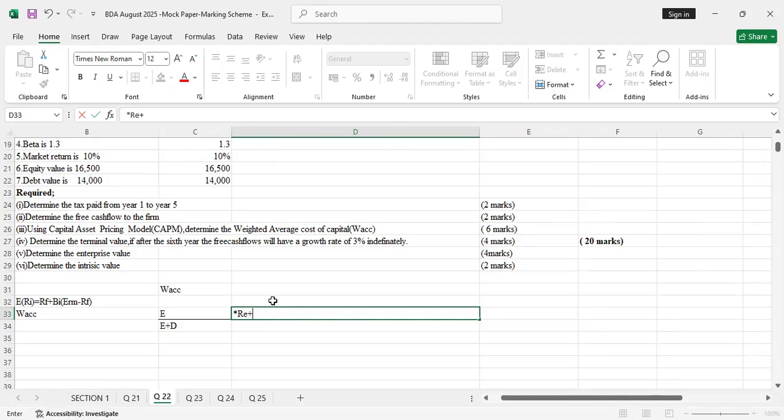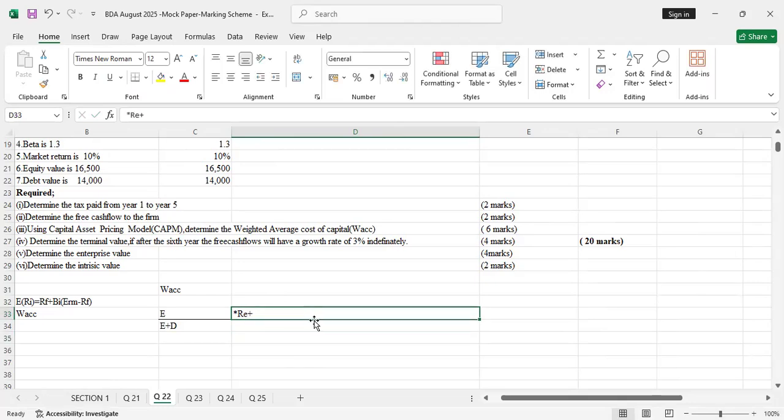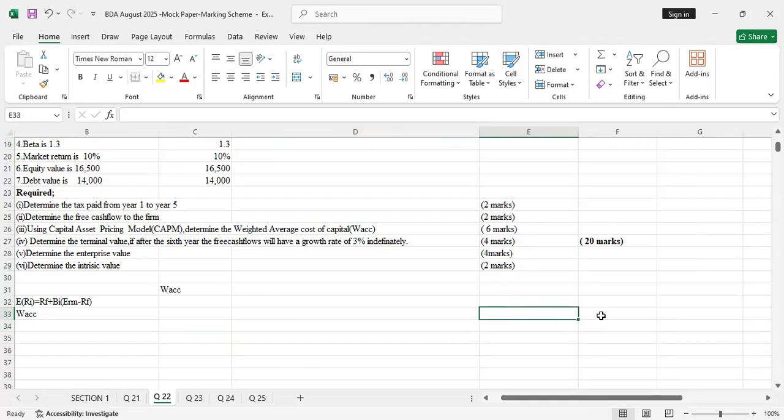Now you interchange, so we'll have debt, you add that. This column is so big. Let me undo this. Let me clear that. Yeah, so let me have the formula here for the WACC.